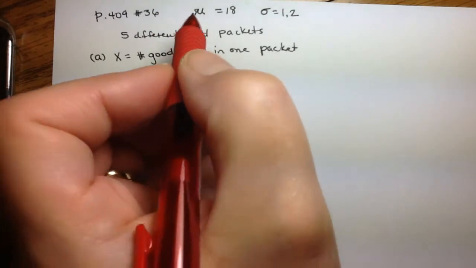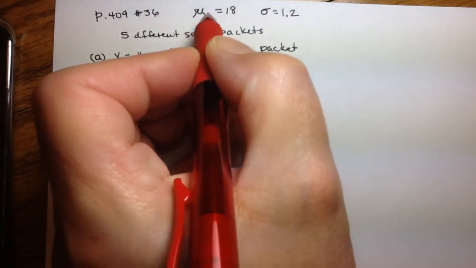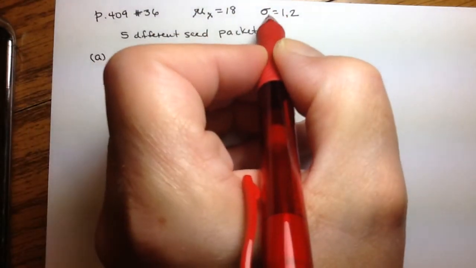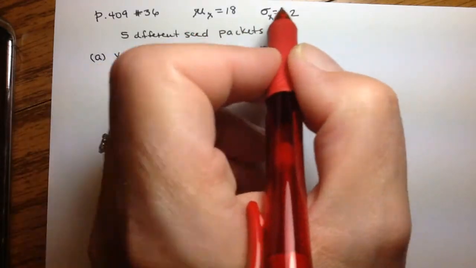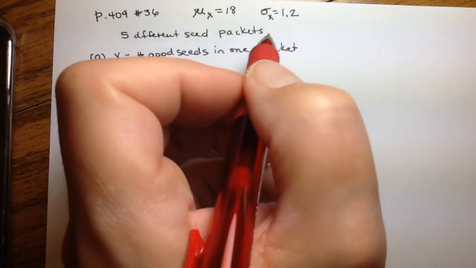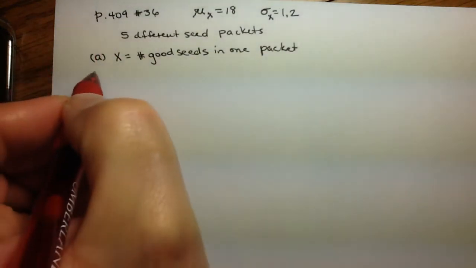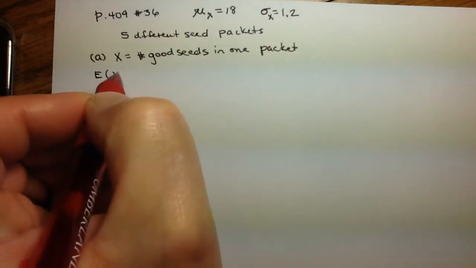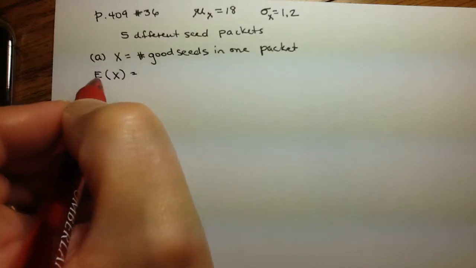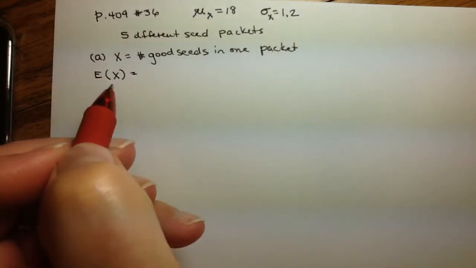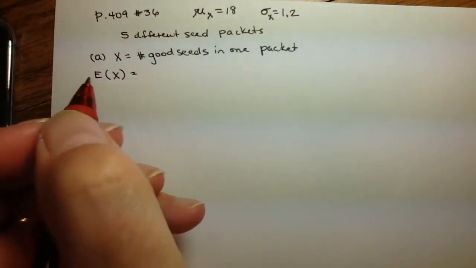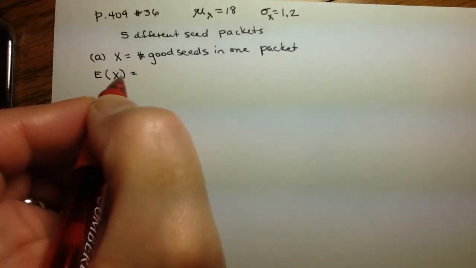Which means as we go back up here, we're looking at mean of X equals 18 and sigma of X equals 1.2. So we're looking at some variable X with those summary statistics. And in part A, we want the expected value of the number of good seeds, or the mean, if you want to use a mu, of the number of good seeds in 5 packets. Oh, 5 packets, not 1.